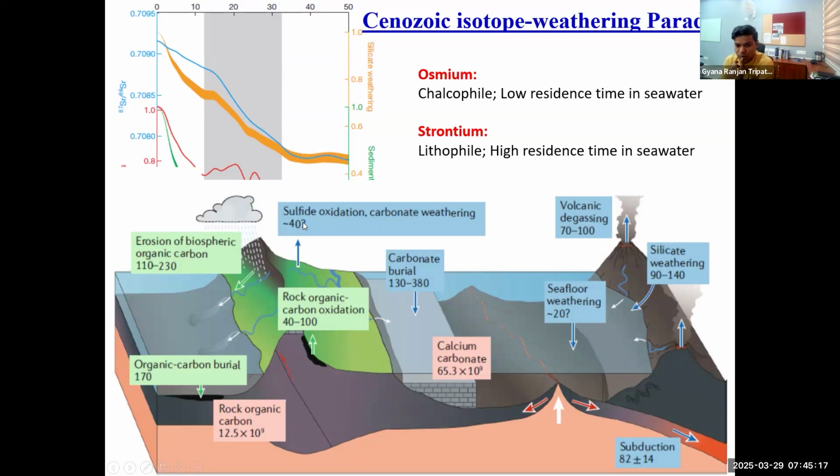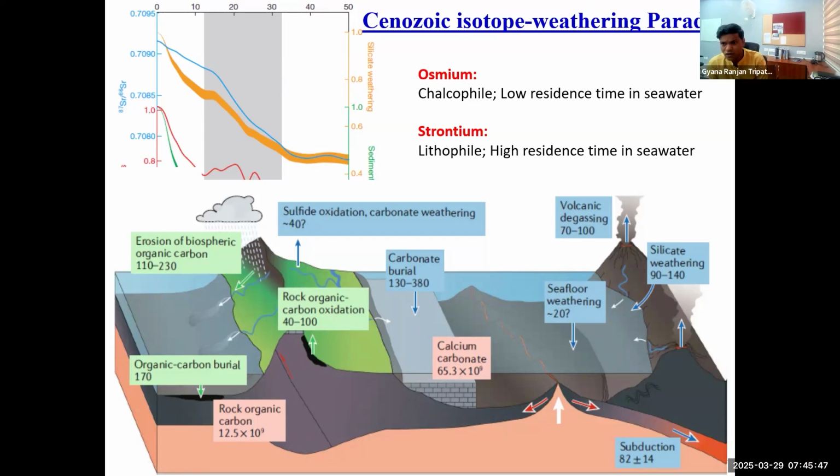These CO2 supplies are found to be sulfide oxidation or petrogenic organic carbon oxidation. The organic carbon oxidation varies from 40 to 100 megatons of carbon per year, but the sulfide oxidation, we really don't know. This question mark in the recent review itself shows that our understanding of sulfide oxidation is not very clear, nor is the rate and the process through which it contributes to the carbon cycle.